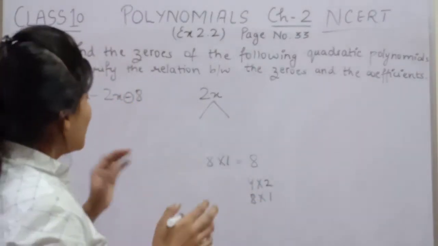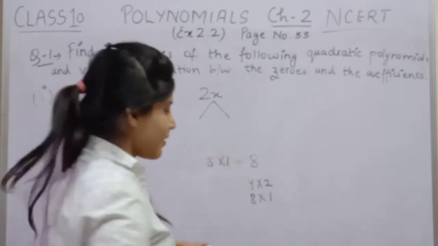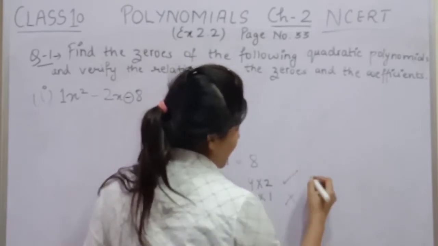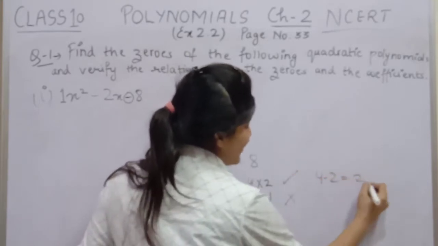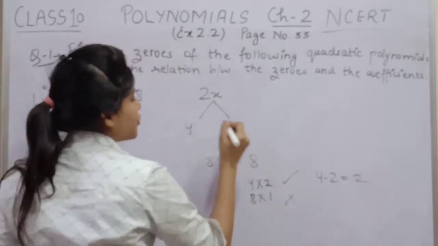यही दोनों हैं. तो अब माइनस करके 2 किस में आ सकता है? 8 minus 1 is 7. तो ये तो नहीं हो सकता, बट 4 minus 2 2 हो सकता है, right? It means numbers तो हमें मिल गए 4 and 2.